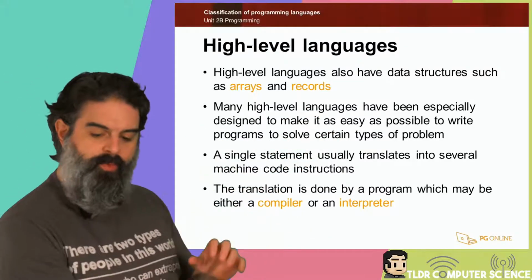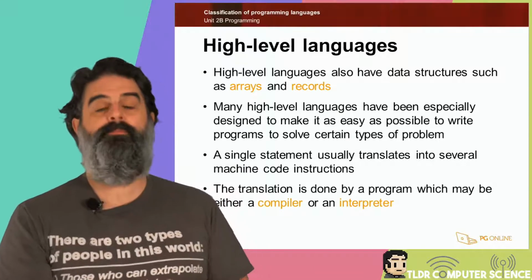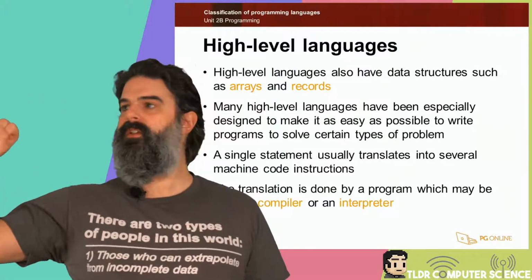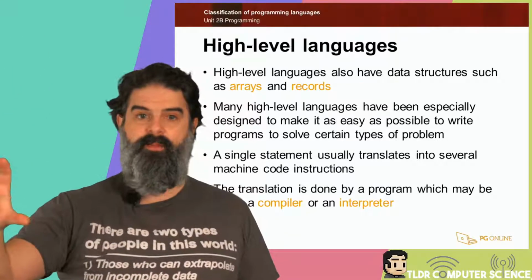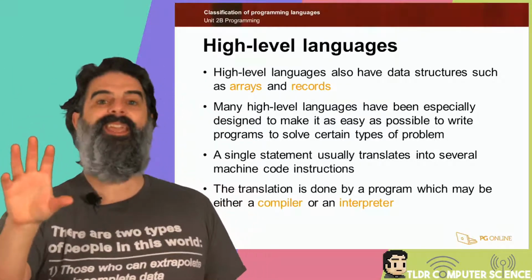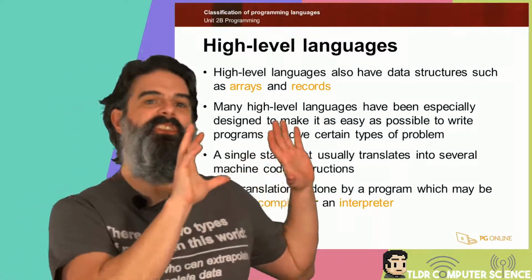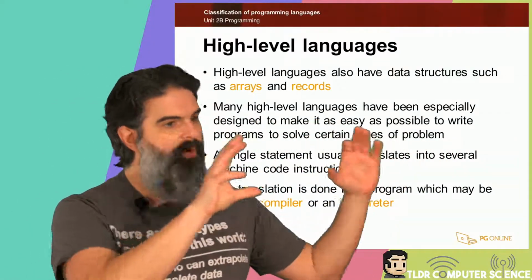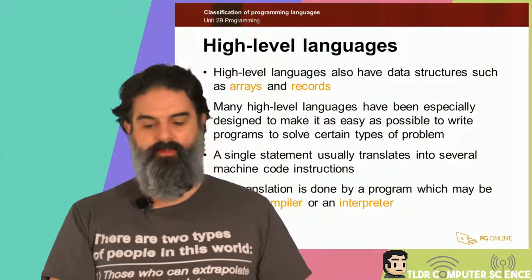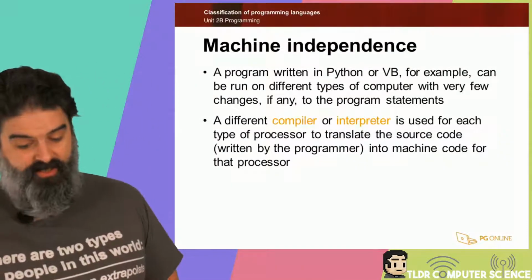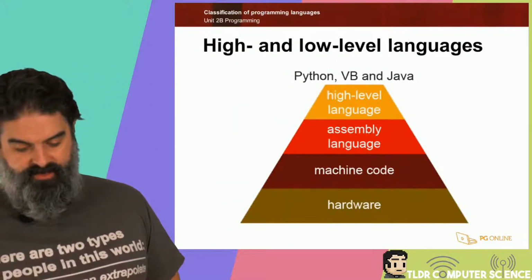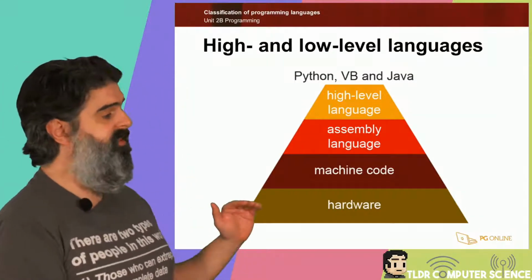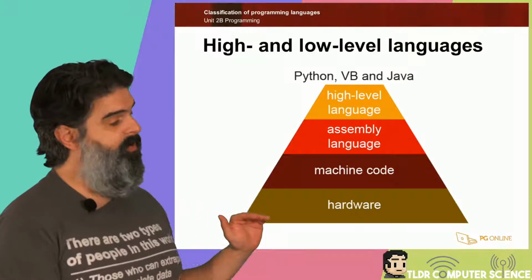There are two different ways you can use to translate. But I want you to remember this. I don't care if you started with Python or JavaScript or assembly language, whatever you started with. In the end, it's turned into the same ones and zeros as we did before. They all have to be turned into ones and zeros in the same way. They just take different journeys. When we're talking about high and low level languages, low is the hardware level.